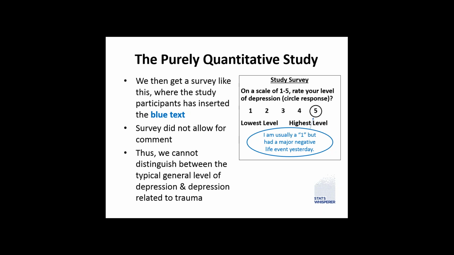So we can't tell the difference here in the response if the depression is related to chronicness or related to trauma, right? So it's a major shortcoming. And then normally, there's nowhere to enter comments like this, so the comment is just ignored, right? So how can we address this?